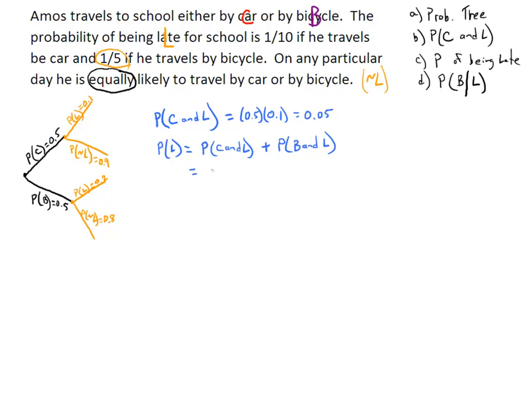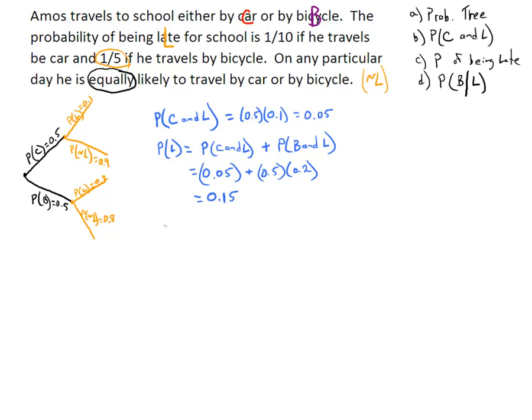We can just say this is 0.05 from the line before. Plus probability of bike and late: bike is 0.5, and late if he takes the bike is 0.2. Multiply and add, we get 0.15. So that's the probability of being late, irrespective of if he takes the car or the bike.